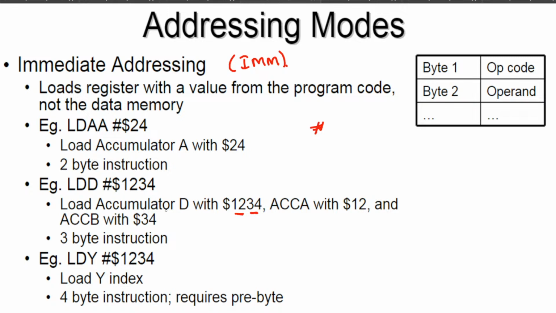Accumulator D is also 16 bits, but it's a combination of two registers, ACCA 8 bits and ACCB 8 bits. That's how it makes 16 bits. But LDY alone is 16 bits. Okay, and that is basically the immediate addressing.